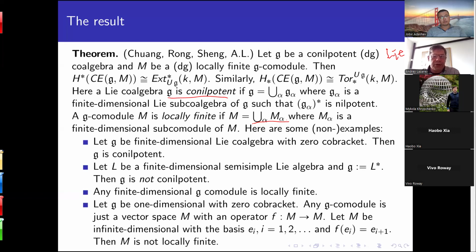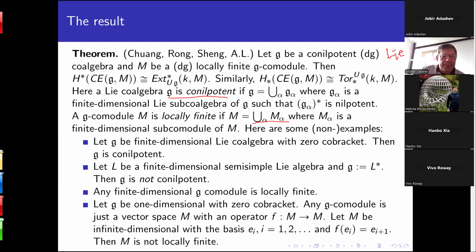Such a Lie coalgebra is conilpotent. Next, if we take a finite dimensional semisimple Lie algebra and its dual as a Lie coalgebra, then it's not conilpotent. For any Lie coalgebra G, any comodule over it which is finite dimensional is locally finite.